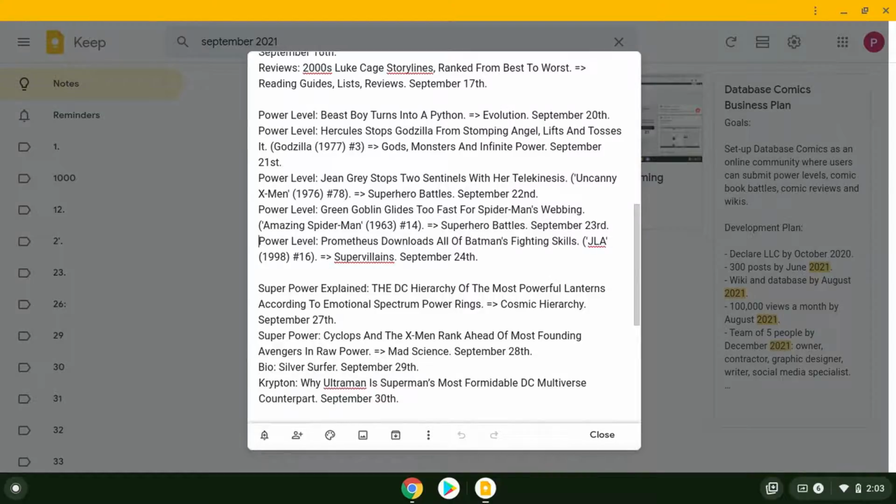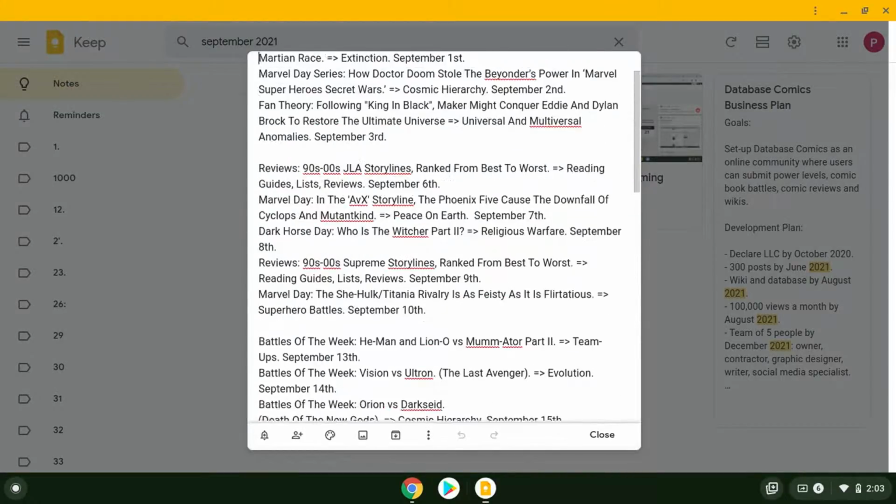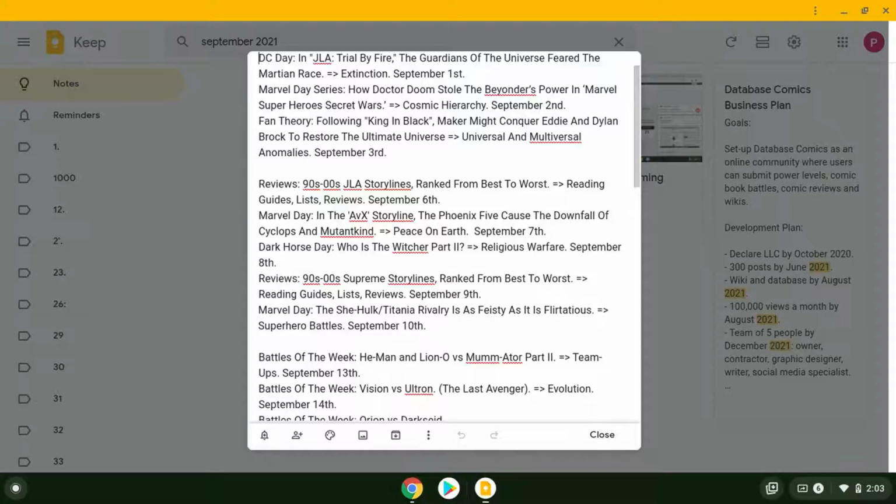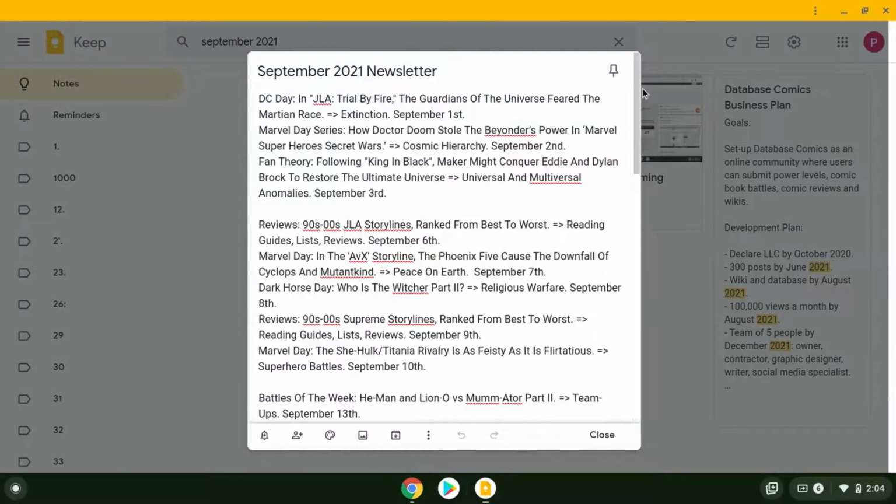So the purpose of these newsletters is essentially to bring people's attention to the content that's being published on Database Comics, because I realize that I'm a small business, and I can't really afford to publish as much content as I would like. So I try to be more strategic with the way I publish my content.